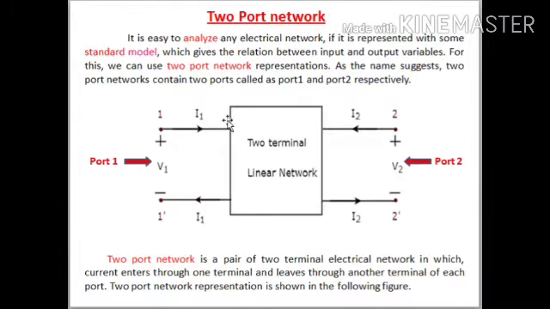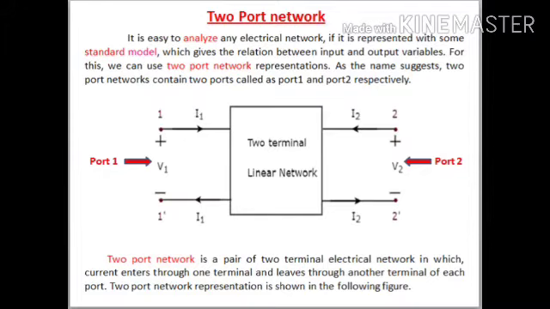Terminals 1 and 1 dash are used to apply the input voltage V1 that creates current I1, and the same happens with port 2, where V2 is the output voltage and I2 is the output current. So, this is a representation of a general two-port network.